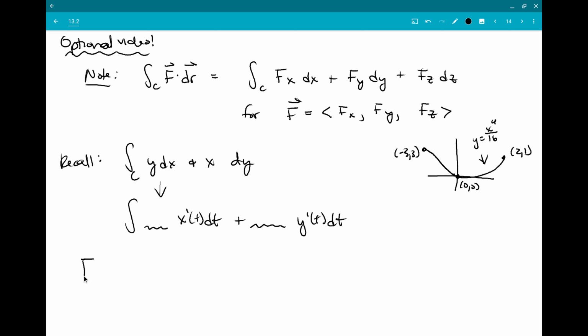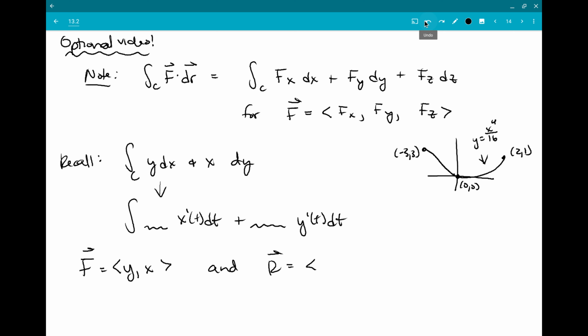But if we had had F equal to y, x and r equal to our parameterization, then our y would go there and our x would go there in our dot product. And the derivatives of our parameterization, exactly x prime, y prime, would in our dot product end up there and there.